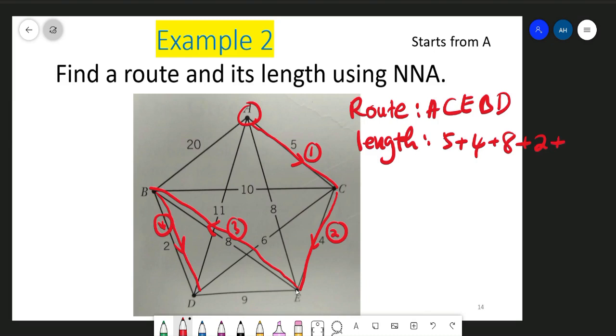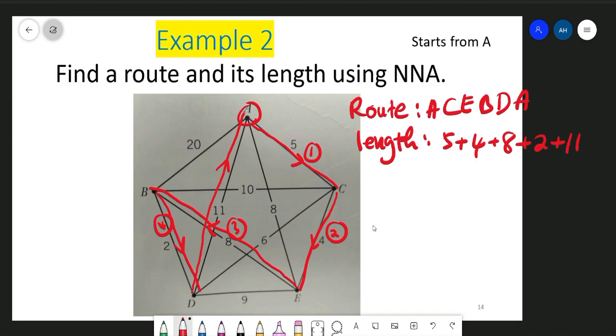Now at the end, because we have already visited all the vertices, we have to return to the point we started with, that is point A. So we go back this way, and that distance is 11.